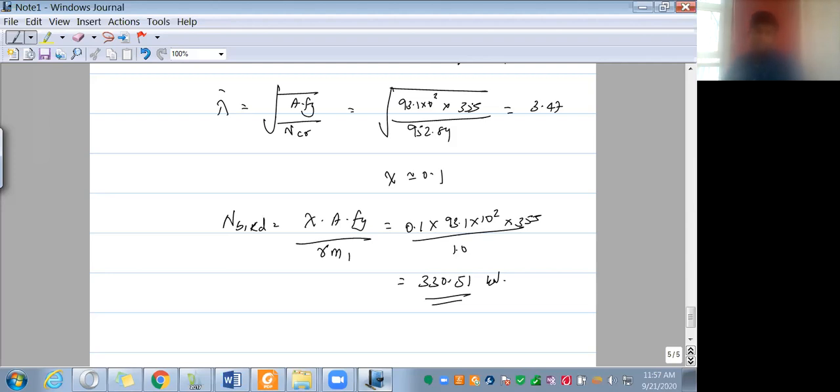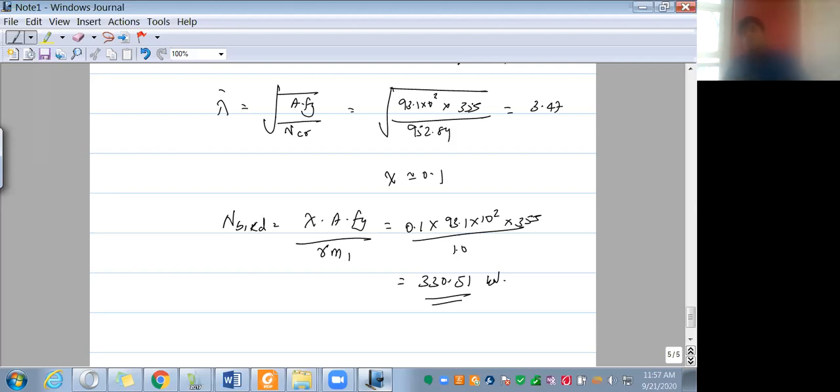squashing failure. So if you take a compression member, there are possibly 3 failures. One is squashing, second one is local buckling, third one is global buckling. From your analysis, you can obtain the bending moment, shear force and support reactions. Once you get the support reactions, those support reactions are of some force acting on columns due to the beams.